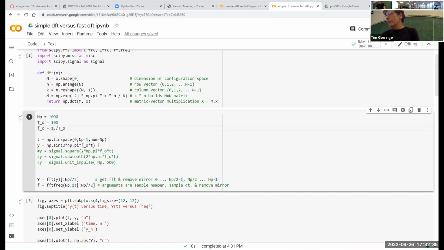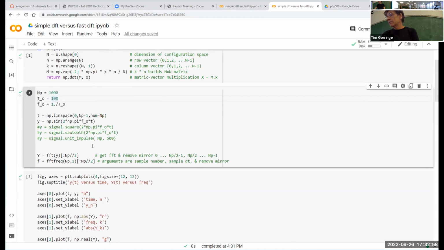And so here, first of all, I'm going to fill it with a sinusoidal signal. And I think I've made the period here 100 samples. So I'm going to get 10 complete oscillations over the 1,000 samples. And we're just going to take the Fourier transform of that and take a look at that.